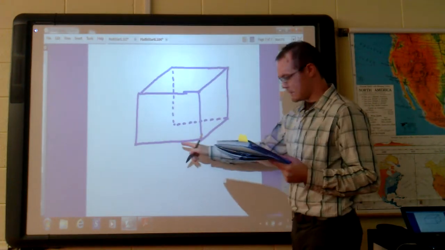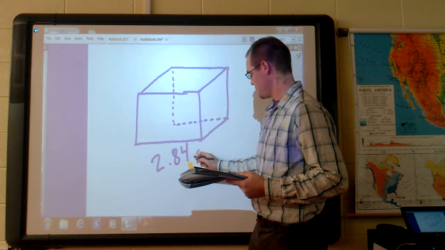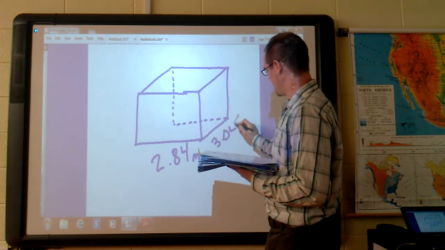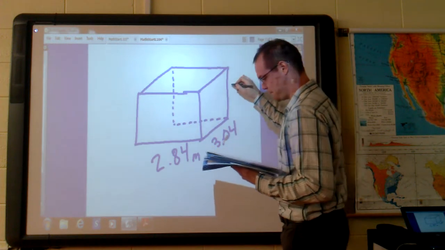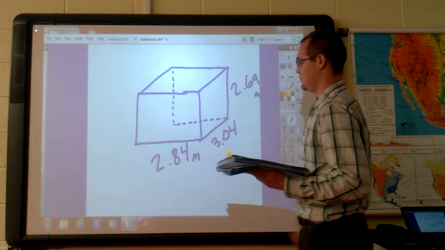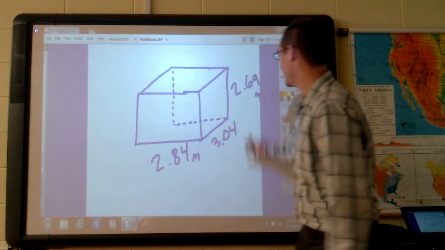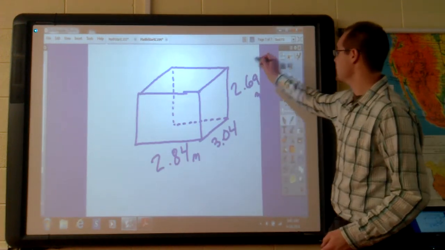Okay, the length on the bottom is 2 and 84 hundredths meters. The depth is 3 and 4 hundredths meters, and then the height or the width is 2 and 69 hundredths meters. Now again, it asked us for an estimate, so we need to round each one of these to the nearest 1. We're going to round the ones place.